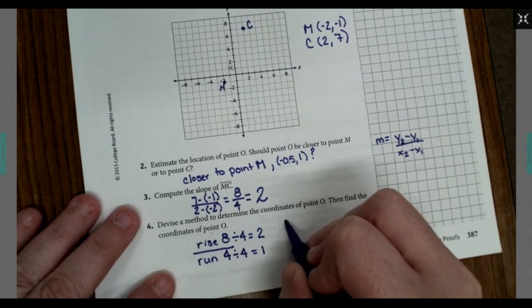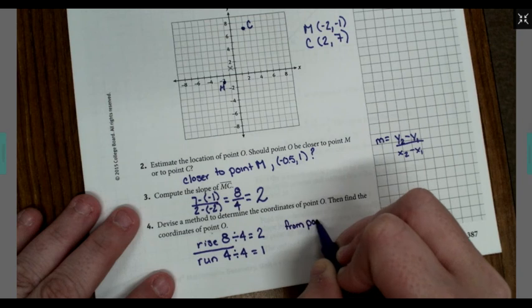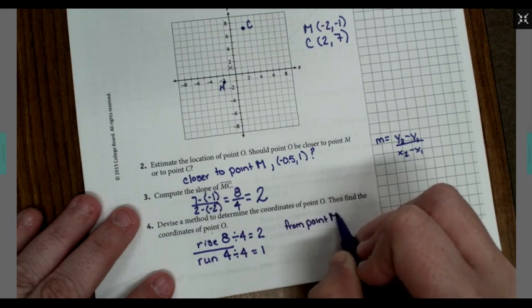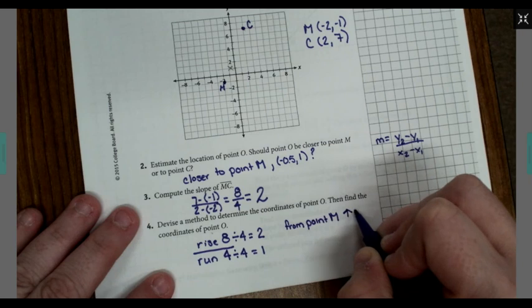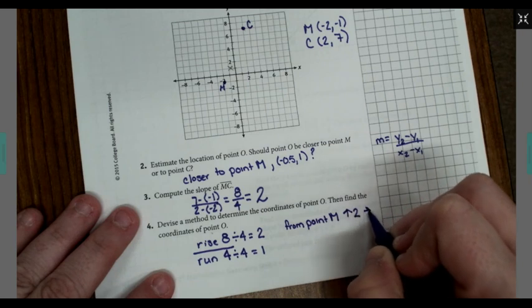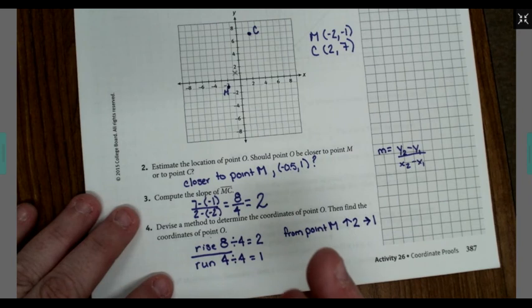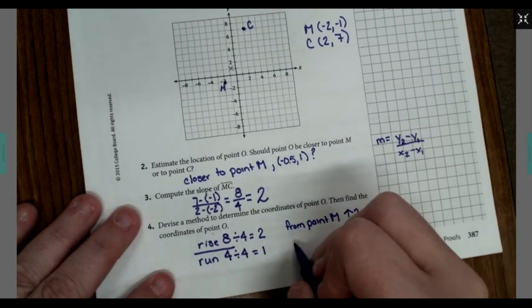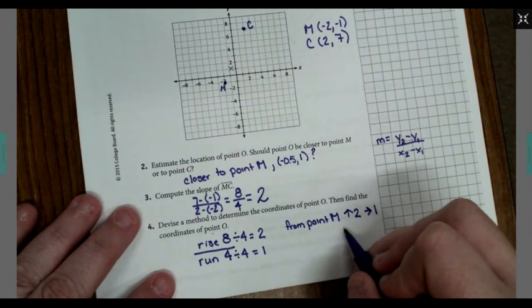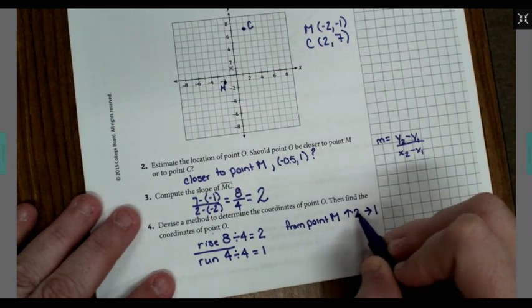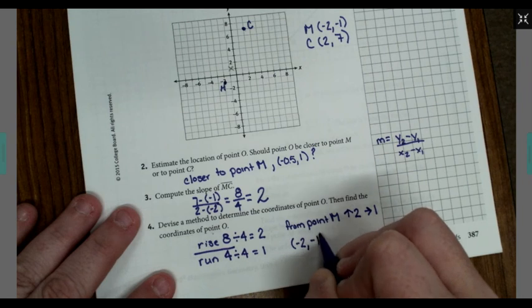So from point M, we would go up 2, right 1. And that should be the office's location. Well, if we recall, we had -2, -1.